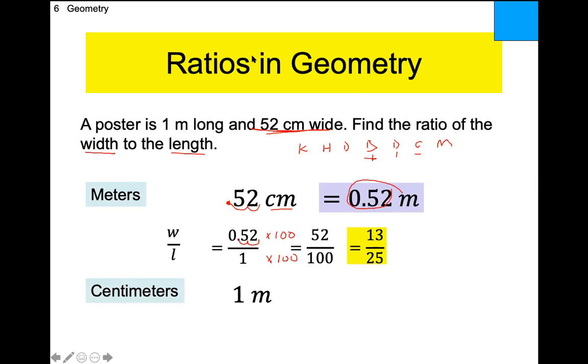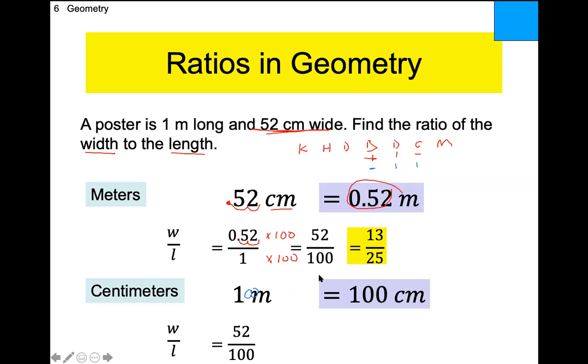If I want to convert meters to centimeters, I would go 1, 2 to the right. So that would be 100. So there's 100 centimeters in 1 meter. If I write that fraction now, W over L, 1 meter is the length, so I'd get 52 over 100, literally the same fraction.